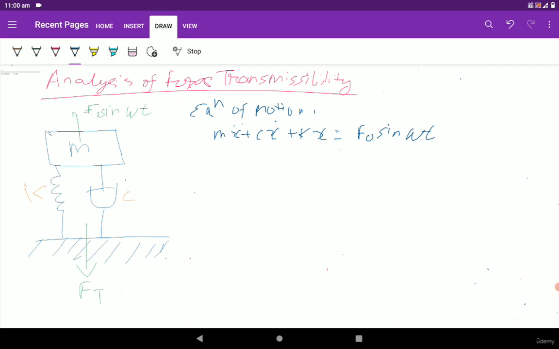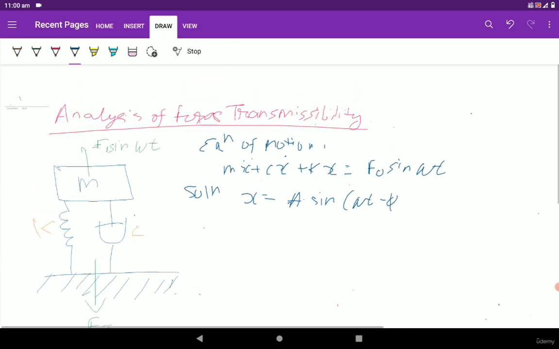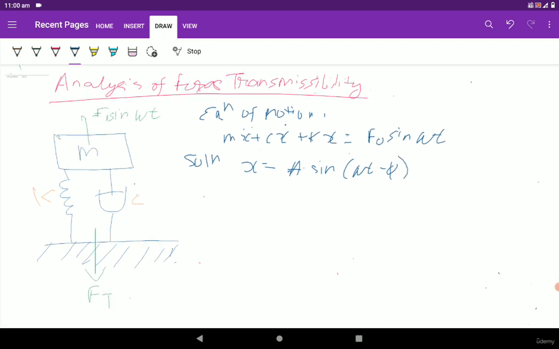The solution of this equation is x equal to A sine (omega t minus phi). So this is the equation of the displacement.